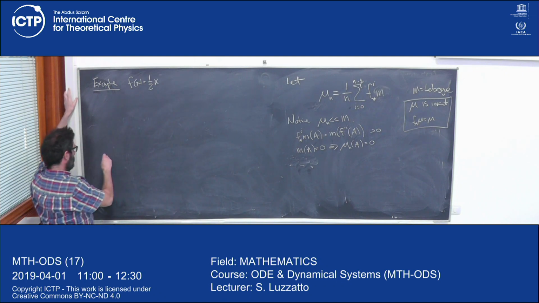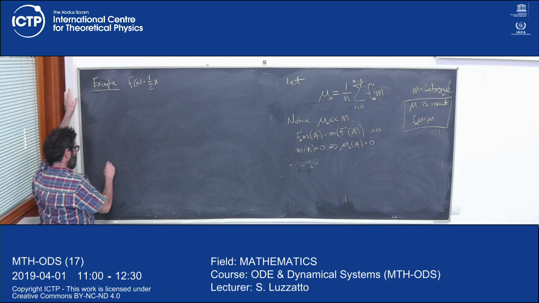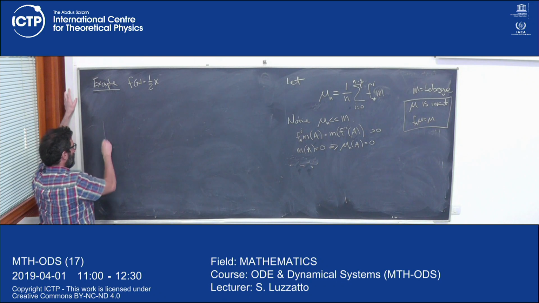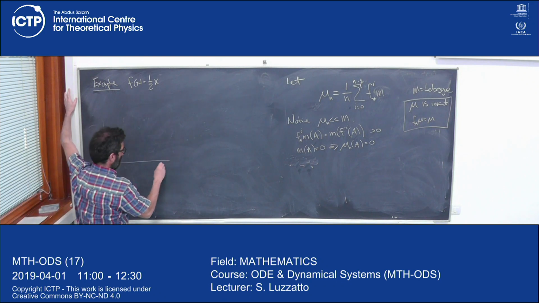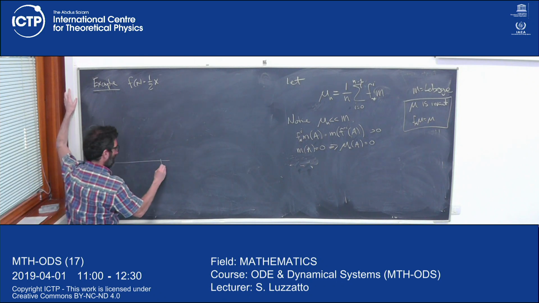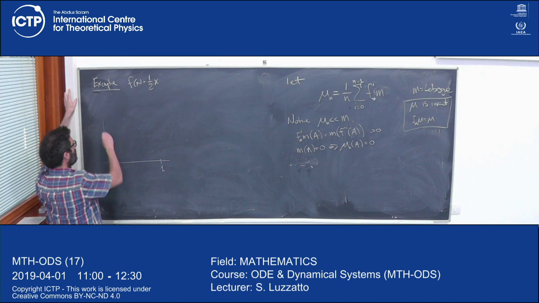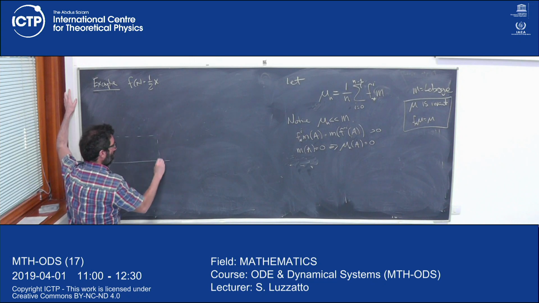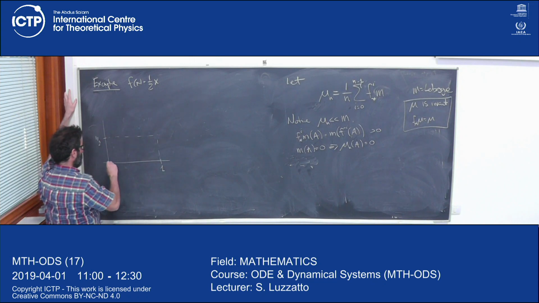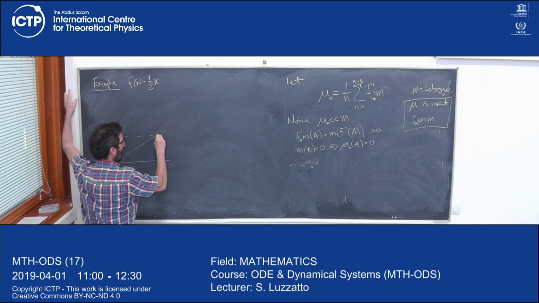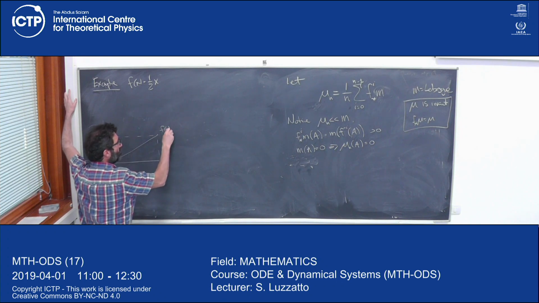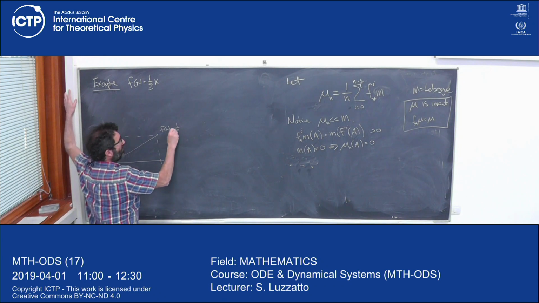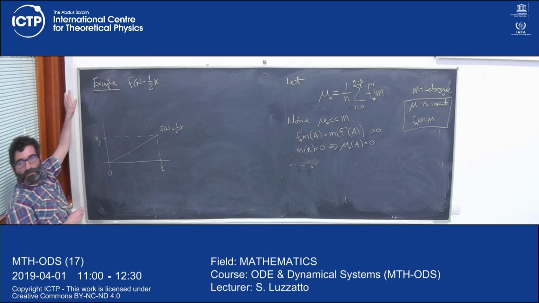Remember, we have here 0, 1, and this is 1/2. So this is the graph of f equals 1/2 of x.